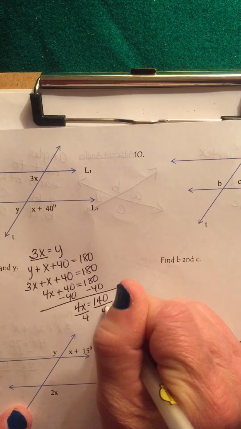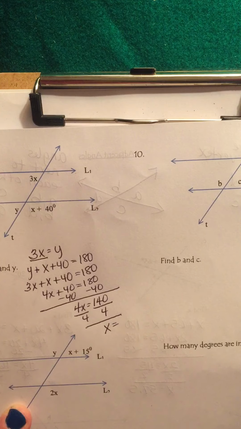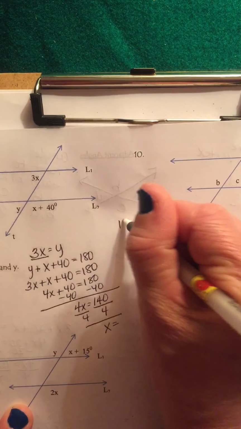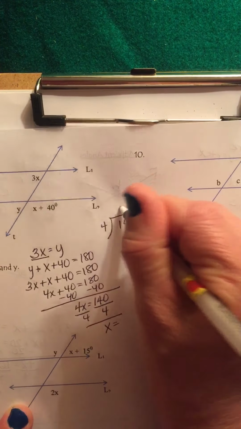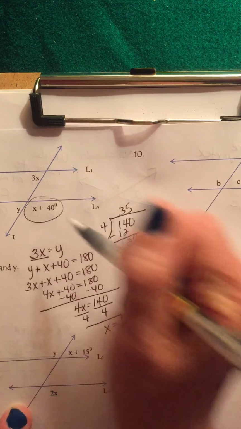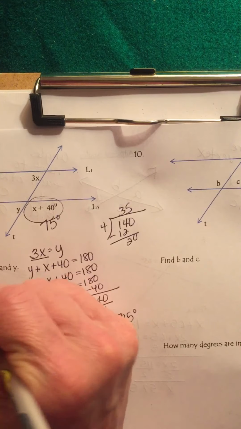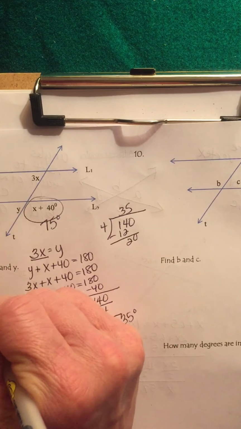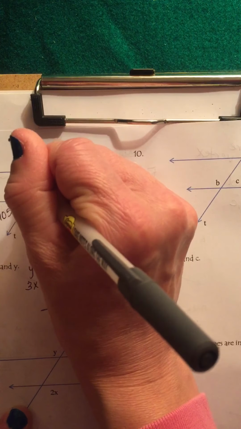Divide by 4 on both sides. X equals 140 divided by 4. X equals 35. So this measure here is going to be 75, which means this one here is 180 minus 75 for the y, which is 105, and 3x is 105.